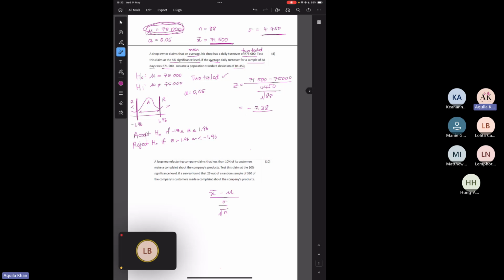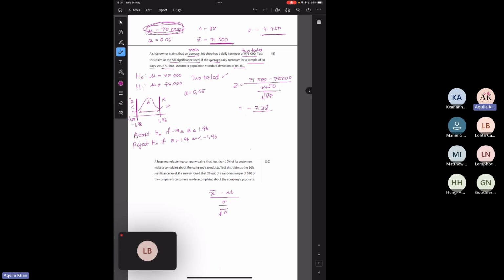Now the fourth step is to take that minus 7.38 and look at where it falls on the diagram. So immediately the minus 7.38 is definitely on the left hand side here. It's going to be further to the left, basically further negative, further into negative values. So it will be on the left of the minus 1.96.